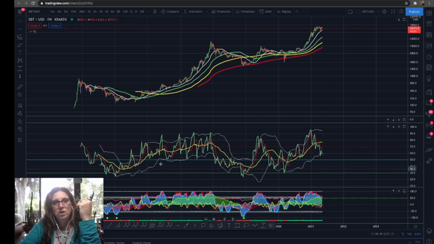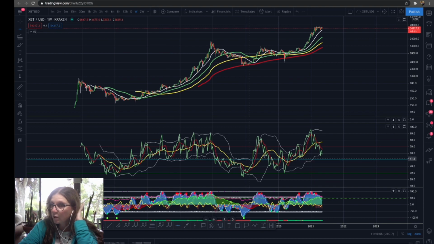We need to hold this blue 50. As you can see, in all the prior bull run, we never broke the 21 with a candle close, and we never broke the 50. Every time we went up, we came back down and we held the 50. So right over here, we need to hold this 50 if we even get down to it.